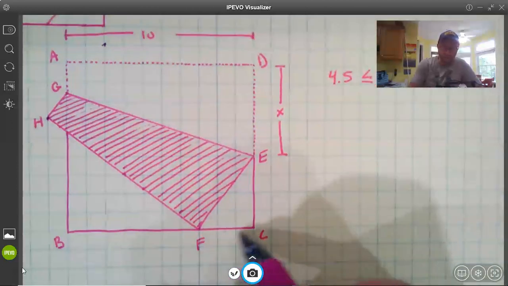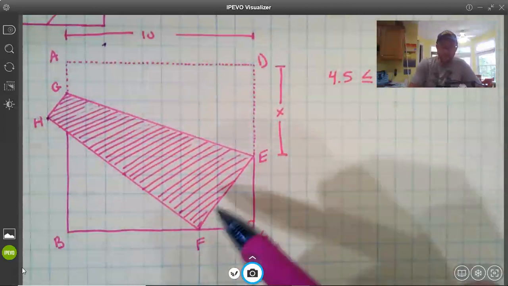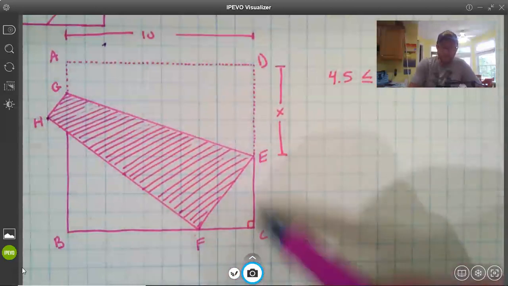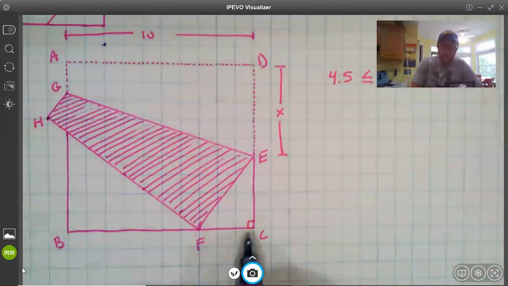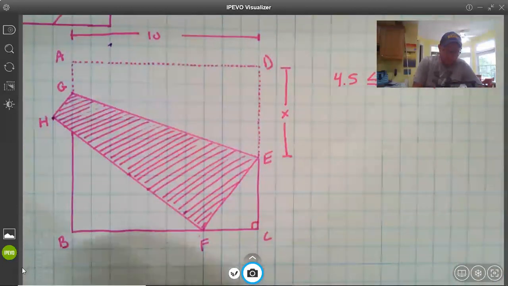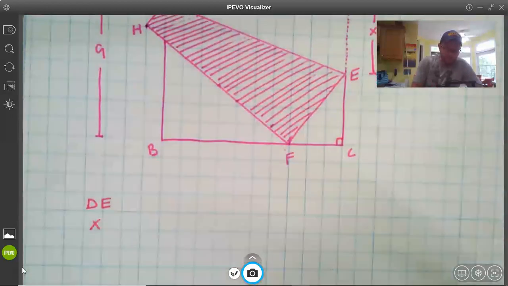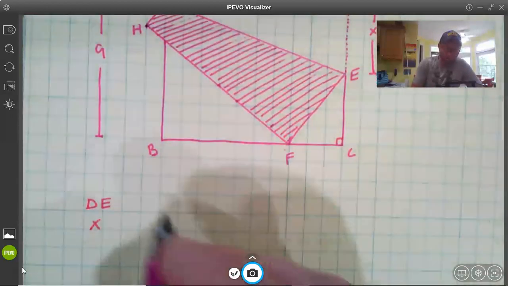Now this distance down here, we're going to have to use the Pythagorean theorem, because that is a right triangle. And we're going to go c squared minus a squared equals b squared. So let's see here. I'm going to make a little table here. First of all, we have our DE, that's going to be our input variable x.